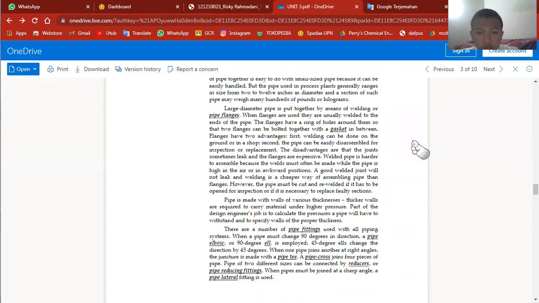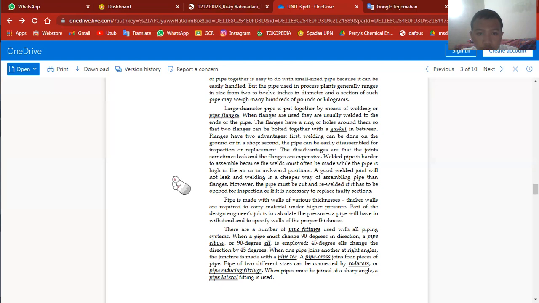Large diameter pipe is put together by means of welding or pipe flanges. When flanges are used, they are usually welded to the ends of the pipe. The flanges have a ring of holes around them so that two flanges can be bolted together with a gasket in between.